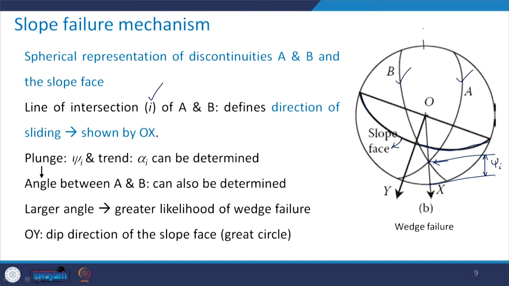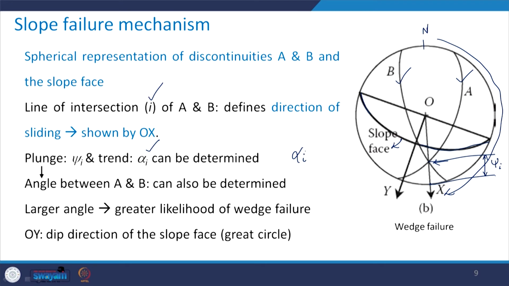Now, if this is the north direction, then from the north you move in the clockwise direction, and this angular distance is going to give you the trend, which is alpha I. Remember, we discussed that plunge and trend of a line are similar to dip and dip direction of a plane respectively.